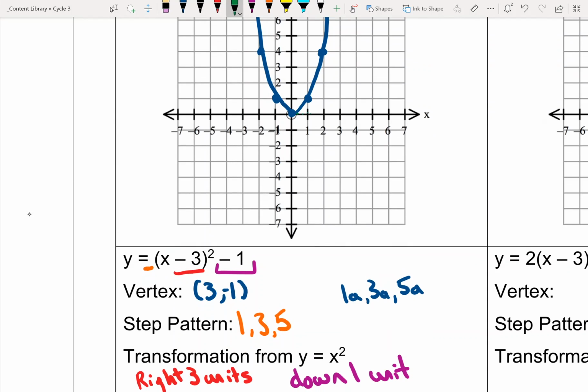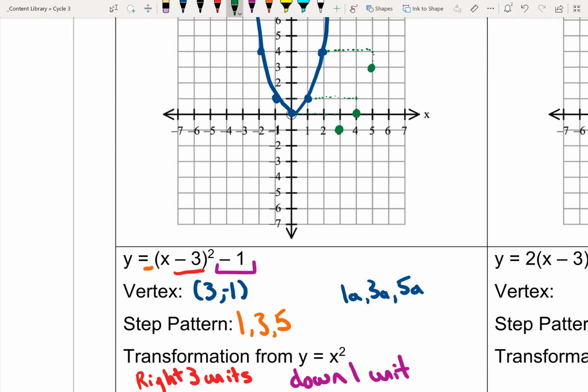I'm going to move it 3 over and down 1, and that's where my vertex is now going to be. I'll do the same thing with this next point: move it over 3 and go down 1. Same thing with this top one: over 3, down 1. There's my transformation of that point.